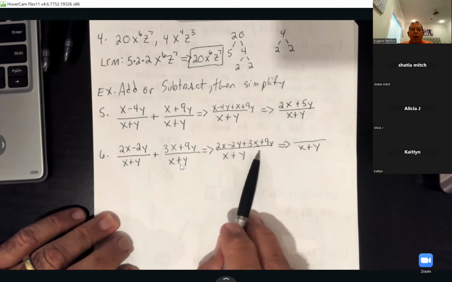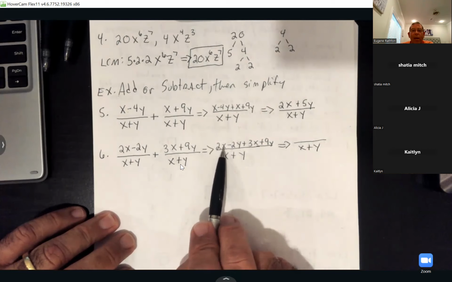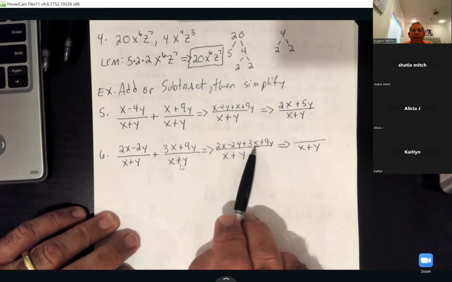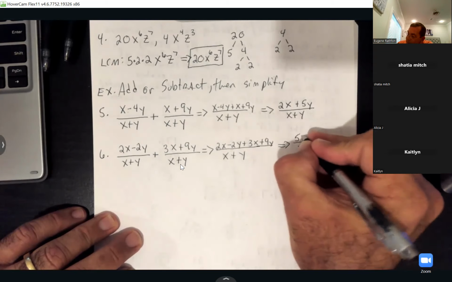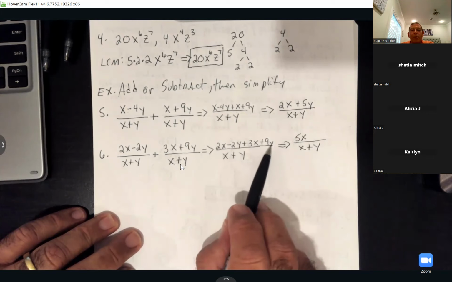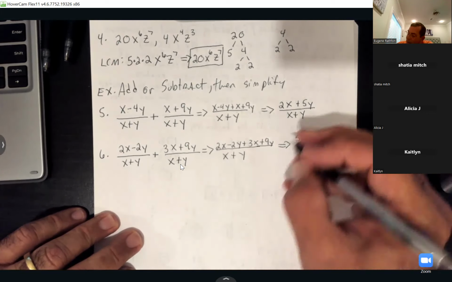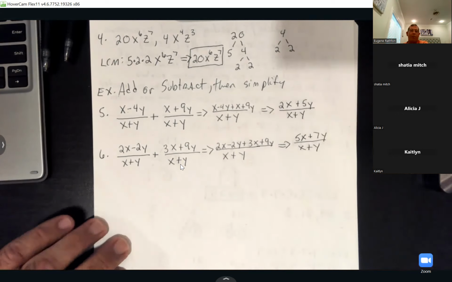All we have to do on top is add like terms. So 2x adds to the 3x, so 2 plus 3 gives us 5x. And then we've got a negative 2y plus 9y, so basically that's 9 minus 2, which will leave us a positive 7y.